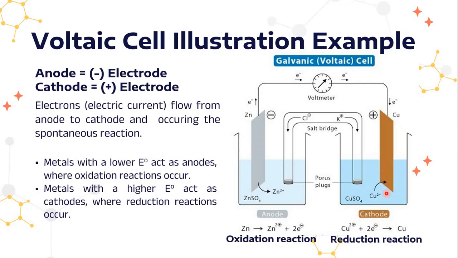So the Cu2+ ions, the copper ions, come from the electrolyte solution and accept electrons from the anode. So it will react and produce copper, yeah, copper in this cathode. So this is the reaction that occurs in the anode and also the cathode, especially in a voltaic cell.